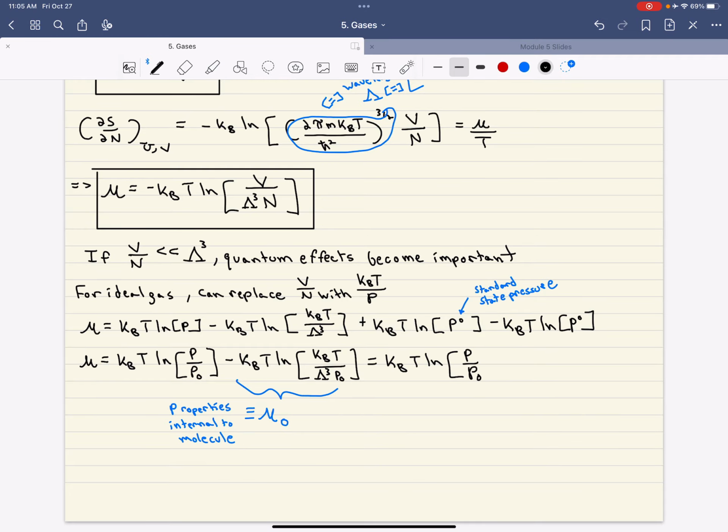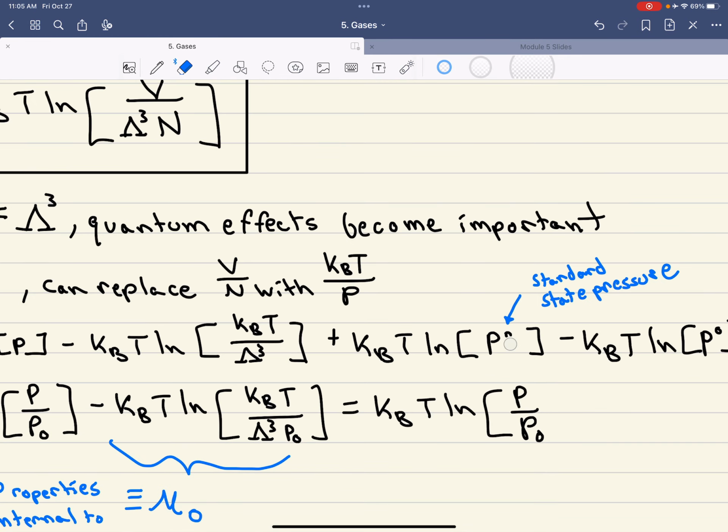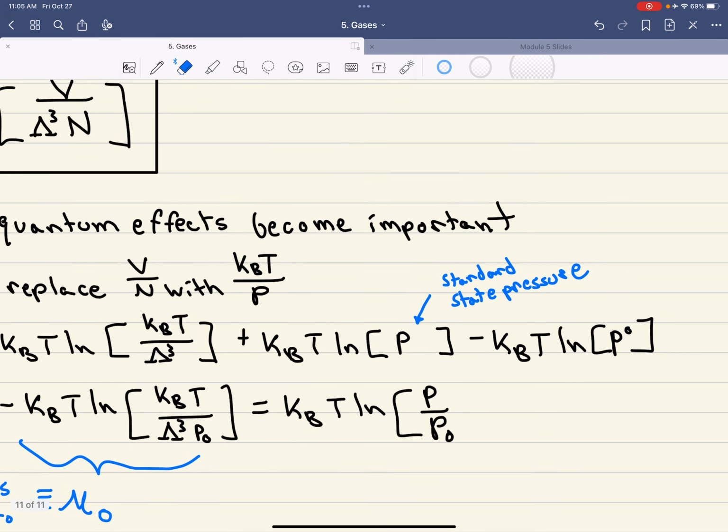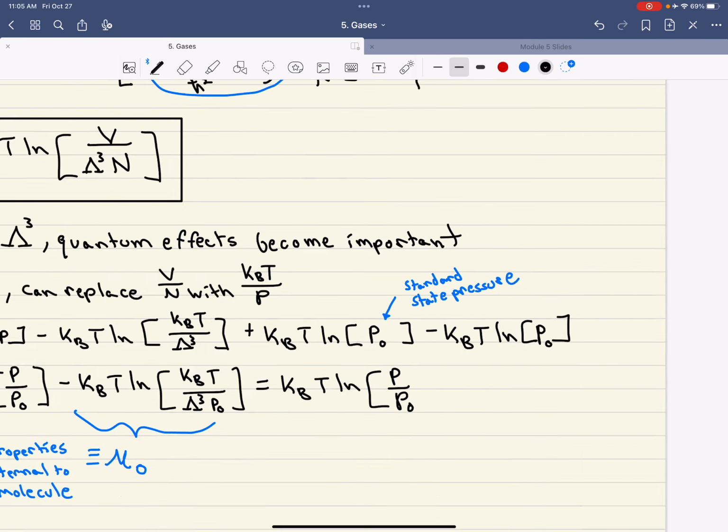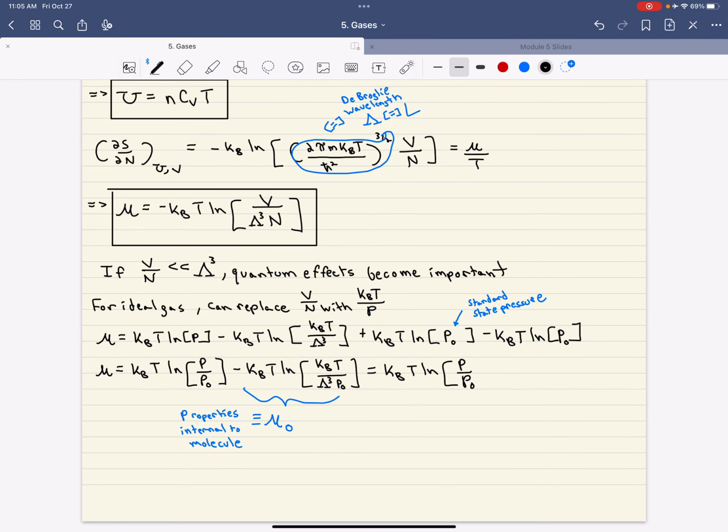Just to be consistent, I'm going to write the naught on the bottom. Okay, so kBT ln of P over P naught plus our mu naught. And I'll put that this is a function of T here. All right? And so this expression we have is essentially the chemical potential of an ideal gas.